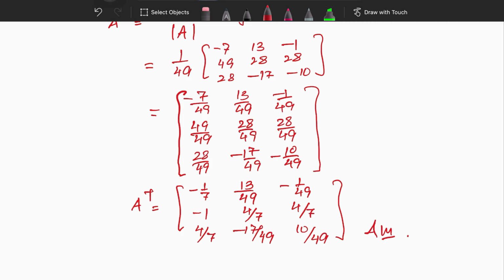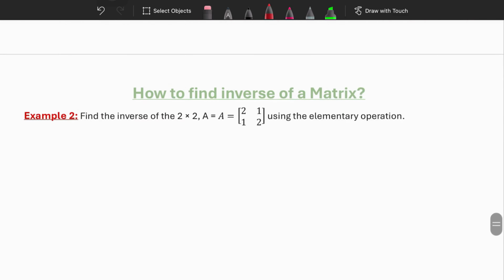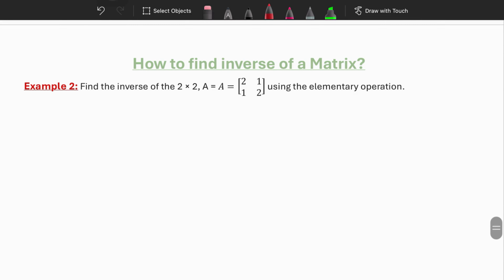The second method is the elementary transformation method. So the basic approach is this: we know A equals I, the unit matrix, into A. If you multiply any matrix by a unit matrix, it's not going to change anything because that's an identity matrix.